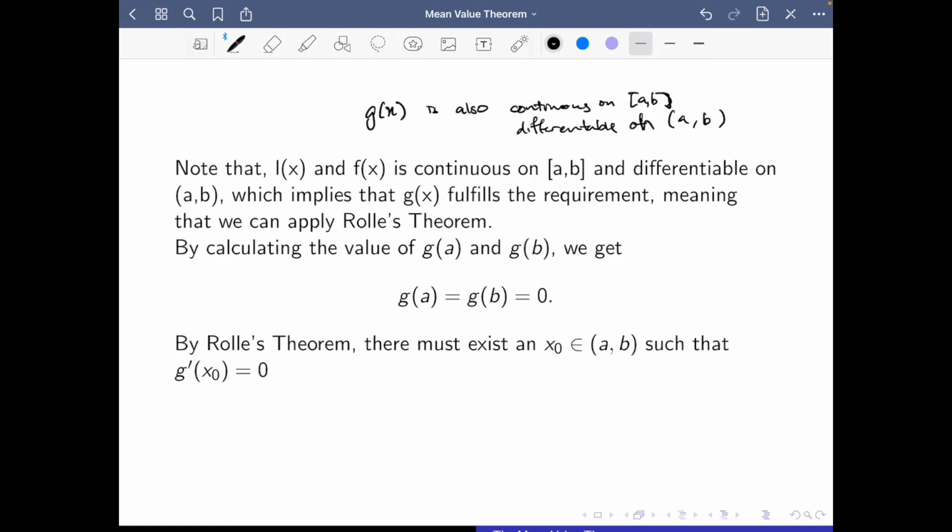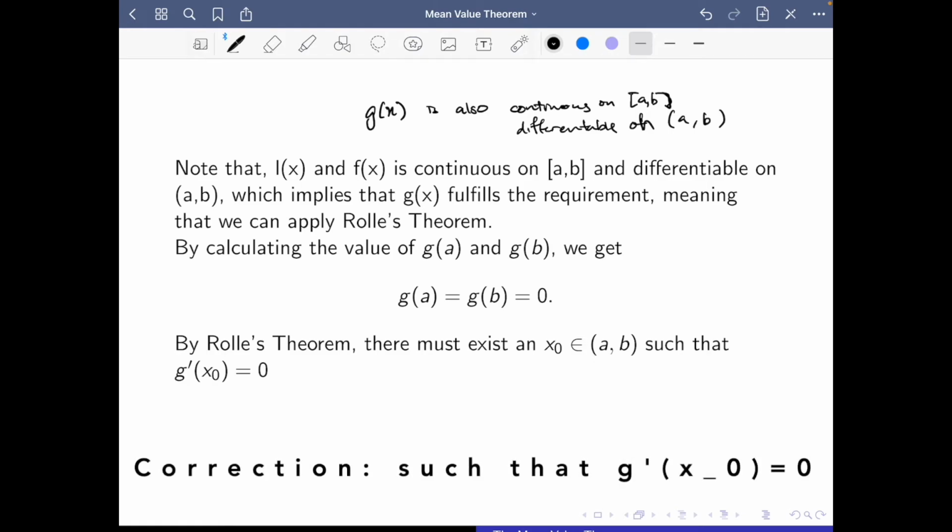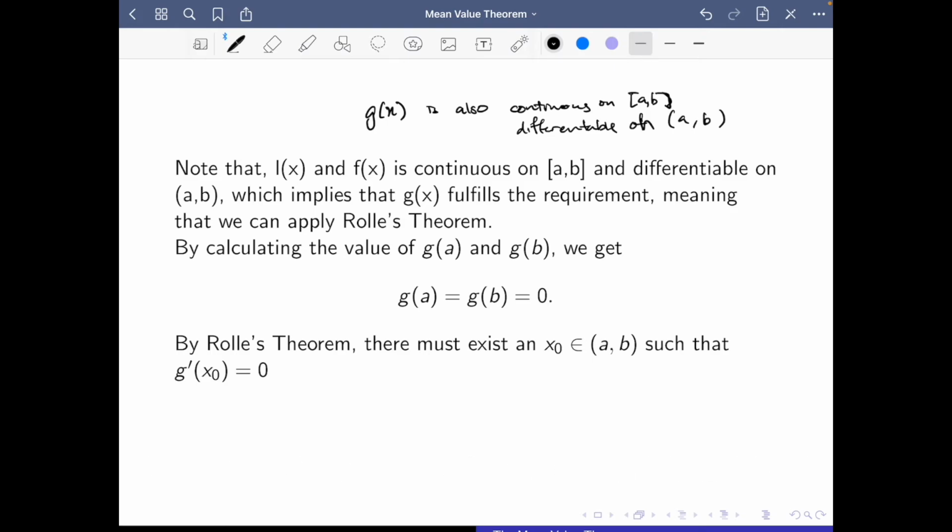By applying Rolle's theorem, we know there exists an x0 in (a,b) such that its derivative is equal to 0.